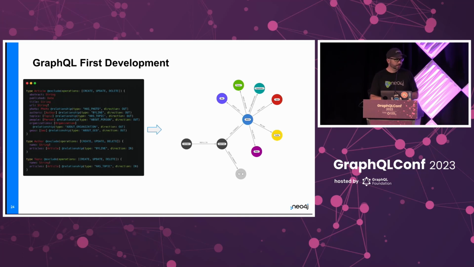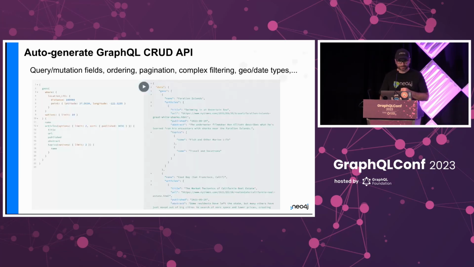With the Neo4j GraphQL library, the basic idea is you take your type definitions in GraphQL, that defines your GraphQL schema, essentially what data we're working with and how it's connected. We use that also to define the property graph model in Neo4j. And the library will then generate all the CRUD operation entry points based on all the types you've defined, by default things like ordering, pagination, complex filtering, exposing the geo types that we're going to talk about today.